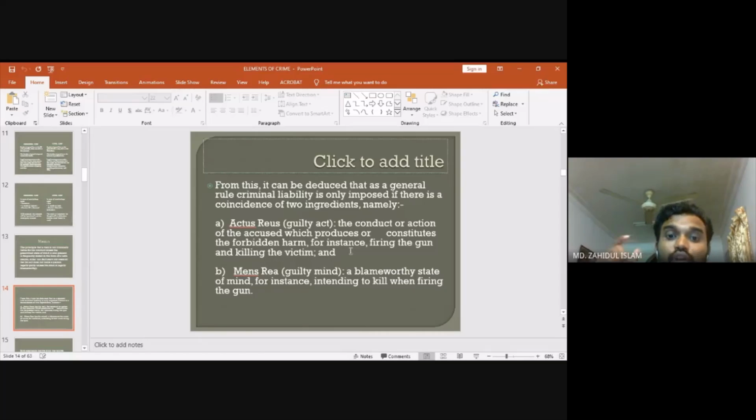It's easy to prove if the element of mens rea is pre-planned. As a public prosecutor, if you can prove that the accused had pre-planned to commit this offense, then the mens rea will be proved. For pre-planned, how is it pre-planned? I shoot someone. Before I shoot, I went to buy a gun and I came to kill him. I came several times. I visited that place. I waited for the suitable time.